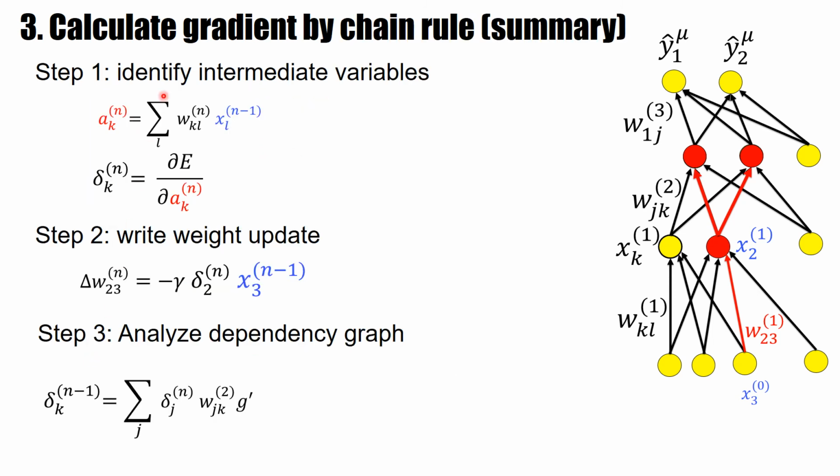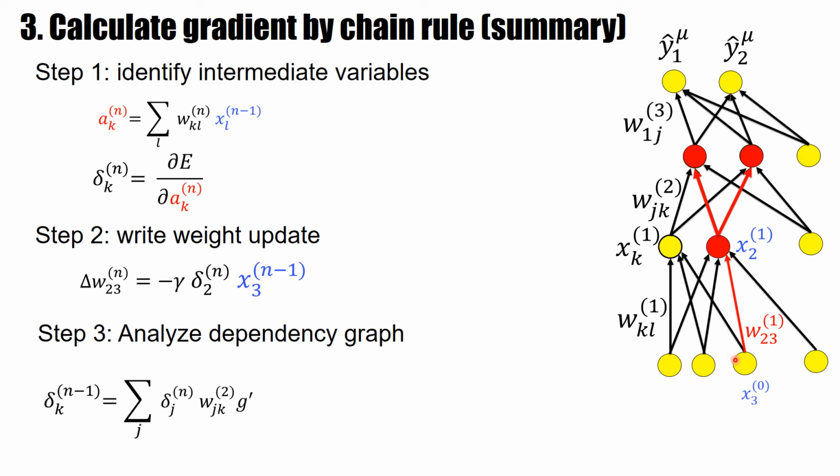Let me summarize. To calculate the gradient, we apply the chain rule. In step 1, we identify intermediate variables, the activation variable or drive variable, which depends on the output of the neurons, the activity of the neuron in the previous layer. And then we have these delta variables. We can write the weight update as a product of the delta variable with the input. So in layer 1, w_23 is this weight here.